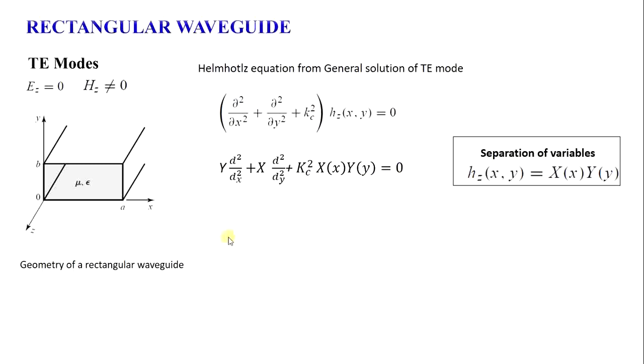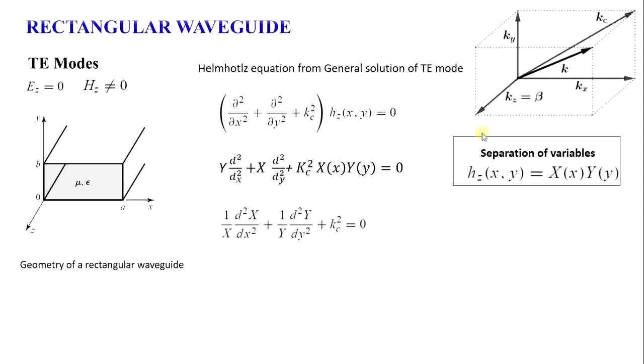Dividing by XY on both sides, we get 1 upon X times the double derivative of X with respect to x, plus 1 upon Y times the double derivative of Y with respect to y, plus kc square equal to 0. But considering this kc square as kx square plus ky square, where kc is the square root of k square minus beta square, k is the wave number and beta is the propagation constant.